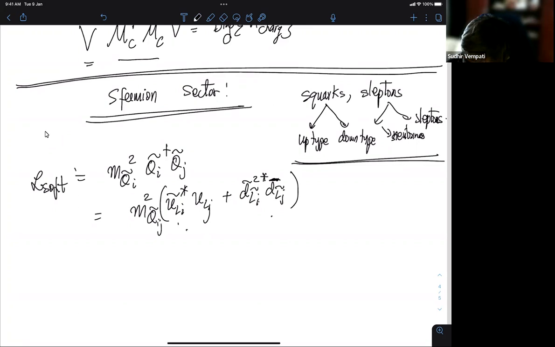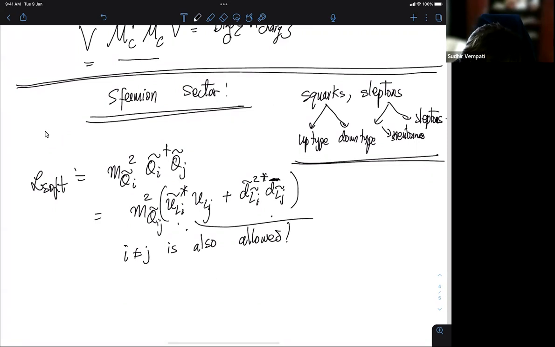Now, if you remember correctly, I said i not equal to j is also allowed. So each of them is a 3 by 3 matrix in flavor space.